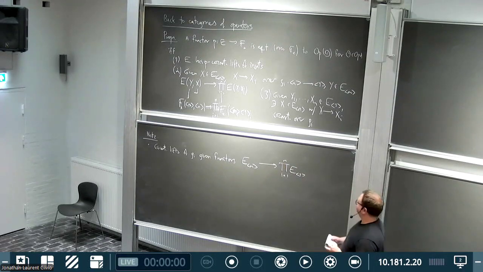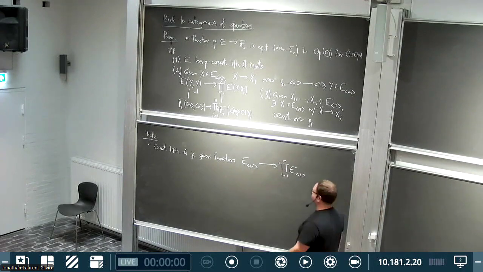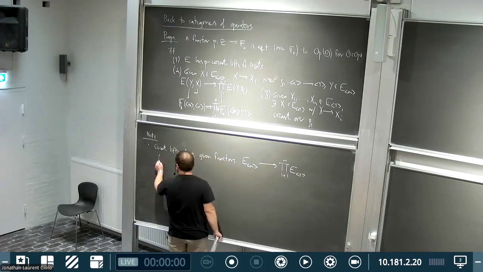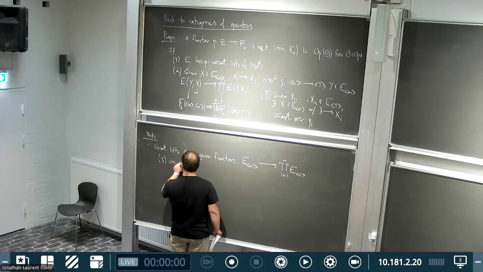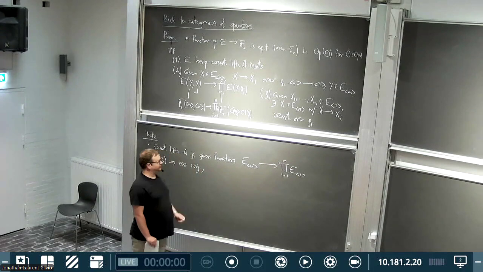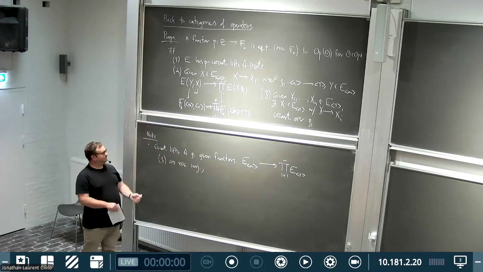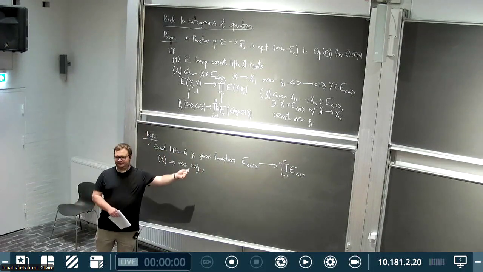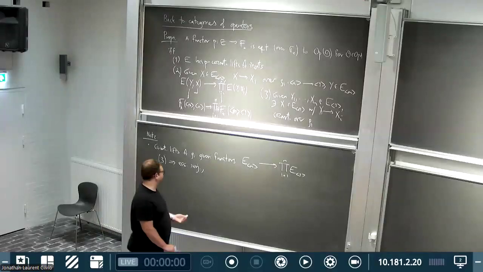And so condition 3 says that this is essentially surjective. But then you can also use condition 2 to show that this functor has to be fully faithful. So this is actually an equivalence.